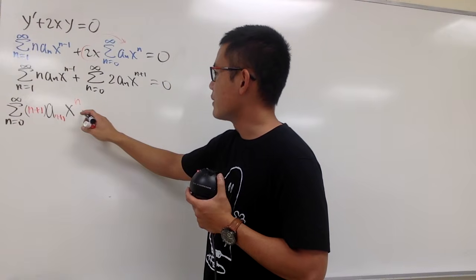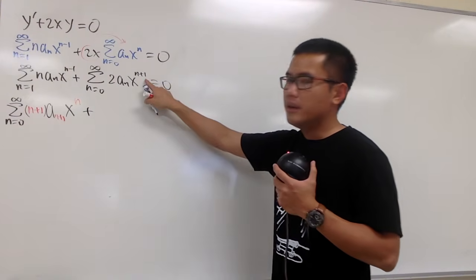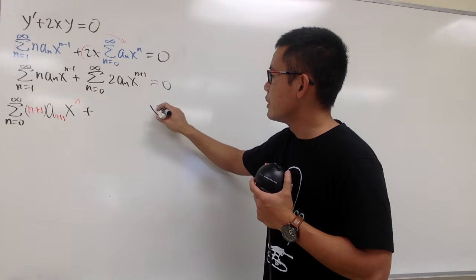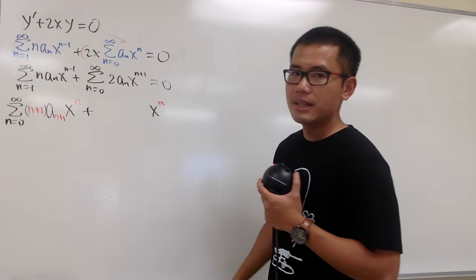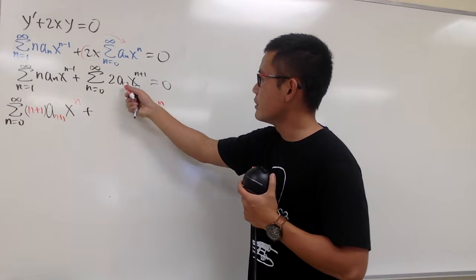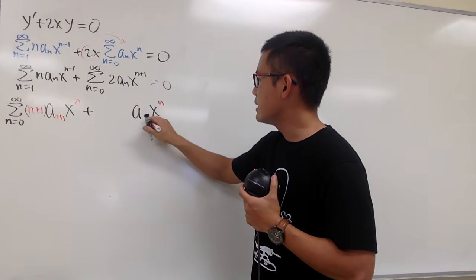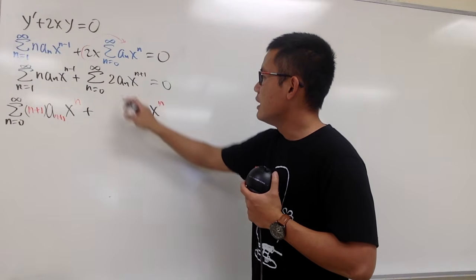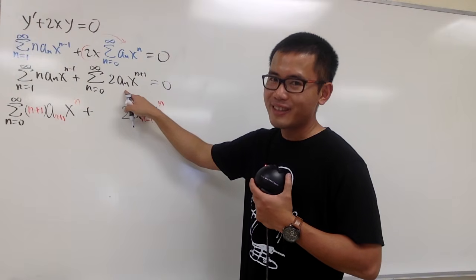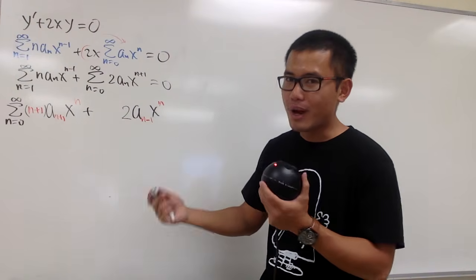And now let's see what we have from here. We can say this is adding. Well, here, I am going to be subtracting 1 in order for me to reach x to the nth power, isn't it? So right here, you see I minus 1. So this n, I will have n minus 1, right? So let's put that down right here as well. This is a_(n-1). And then here I have that 2. And because I subtract 1 from here and here, to compromise it for the sigma notation here, I have to add 1, isn't it?